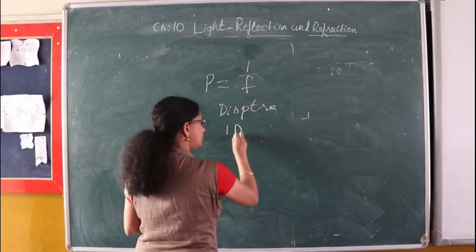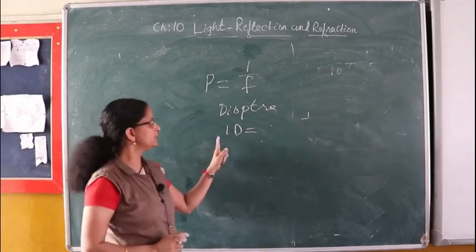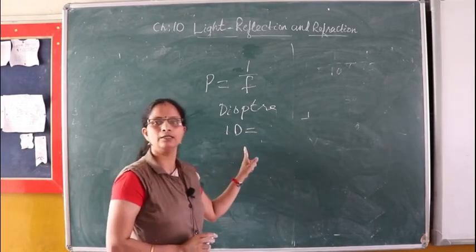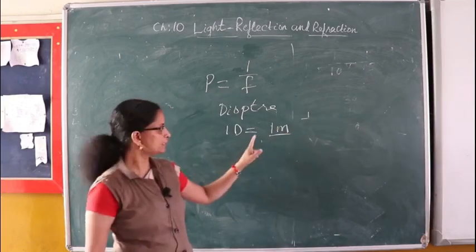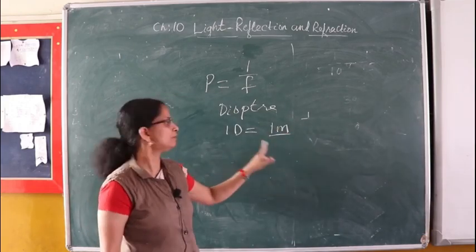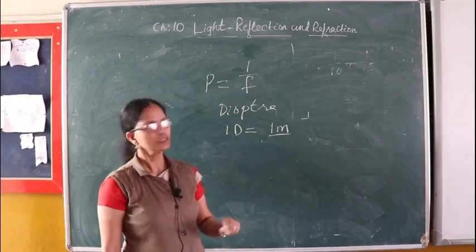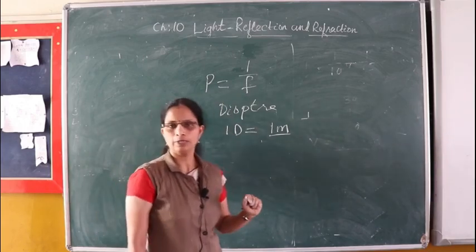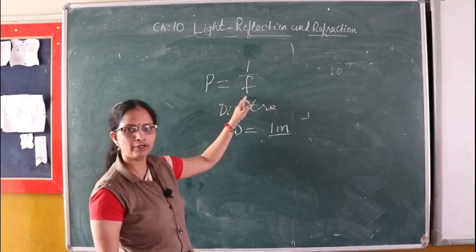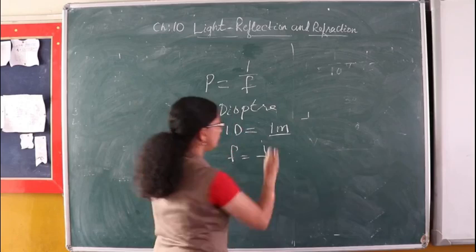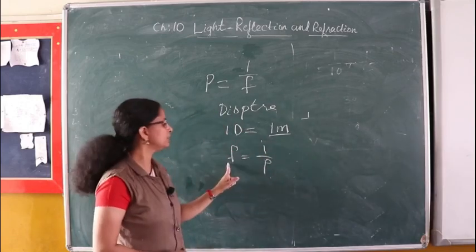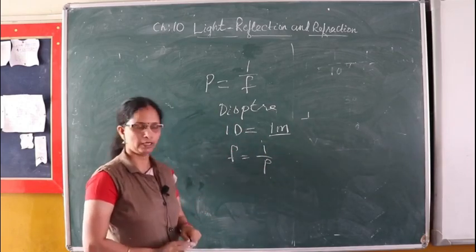One diopter is defined as the power of a lens whose focal length is 1 meter. So when a lens has a focal length of 1 meter, its power will be 1 diopter. This formula we can utilize to calculate either the focal length or the power of a lens. Since f is 1 by P, if the power of a lens is given, we can use it to calculate the focal length also.